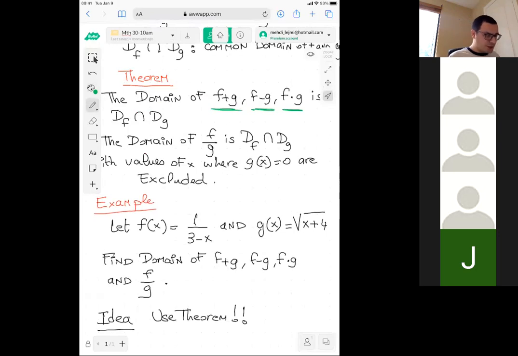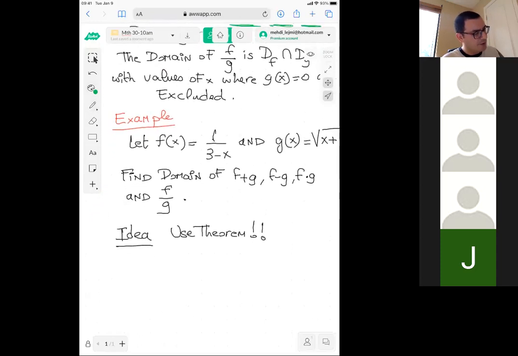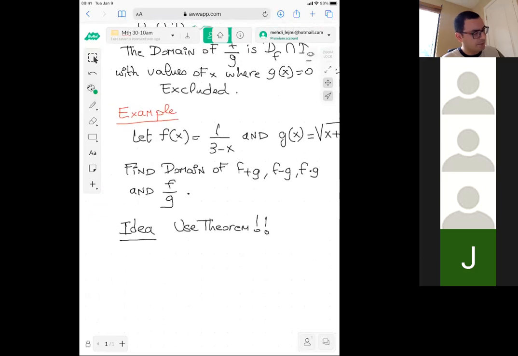So all I have to do is find this common domain, the domain of f intersected with the domain of g, right?